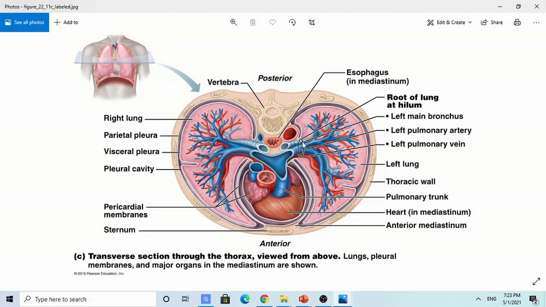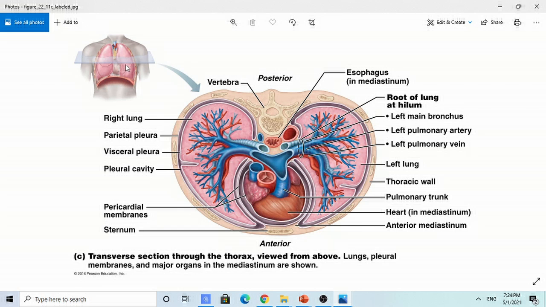You can see here at the same time the bronchial tree plus the branches of the pulmonary arteries, and this is a good picture where we can see not only the visceral and parietal pleura and the pleural cavity, but also the relationship between the heart and the lungs. The heart, as you can see, is more on the left side. By the way, the left lung has two lobes and the right lung has three lobes, which can be seen here also.